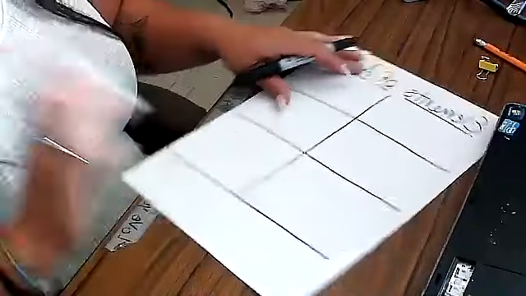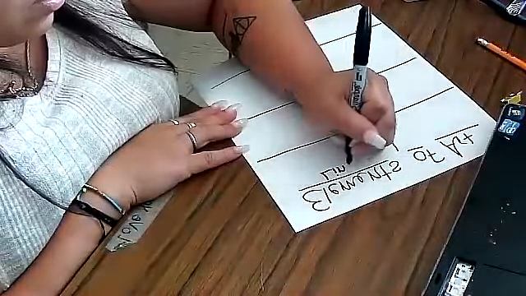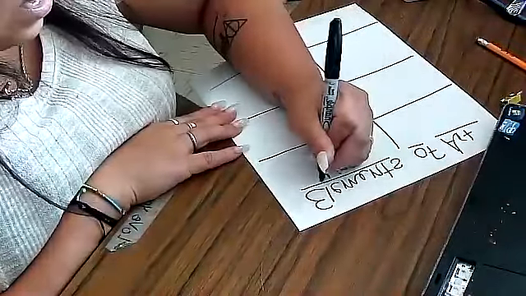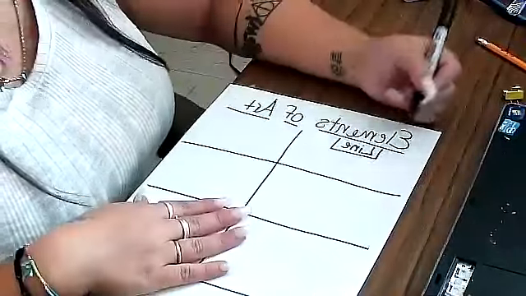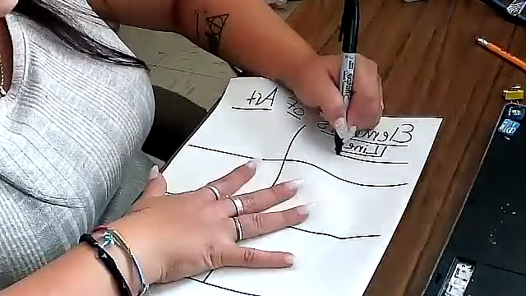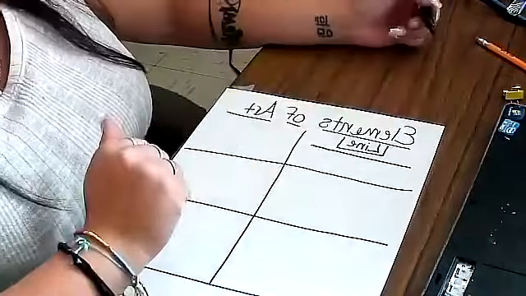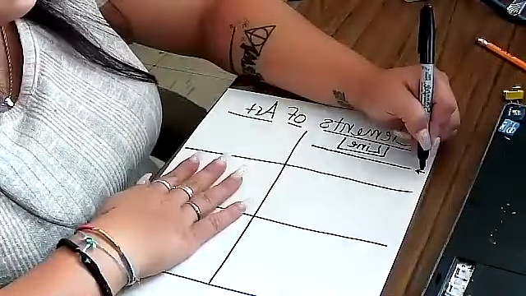All right, so line is the first element of art. You see line in a lot of things that deal with art, but there are a bunch of different types of line. The first one that we always talk about when we're starting out in kindergarten is a straight line.